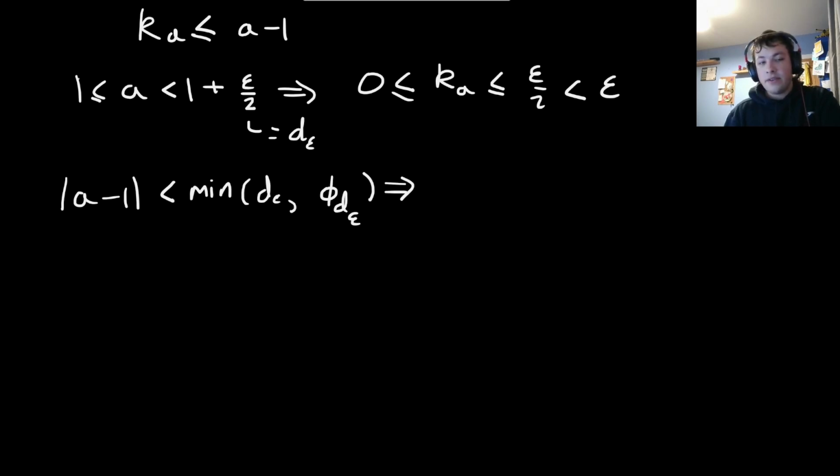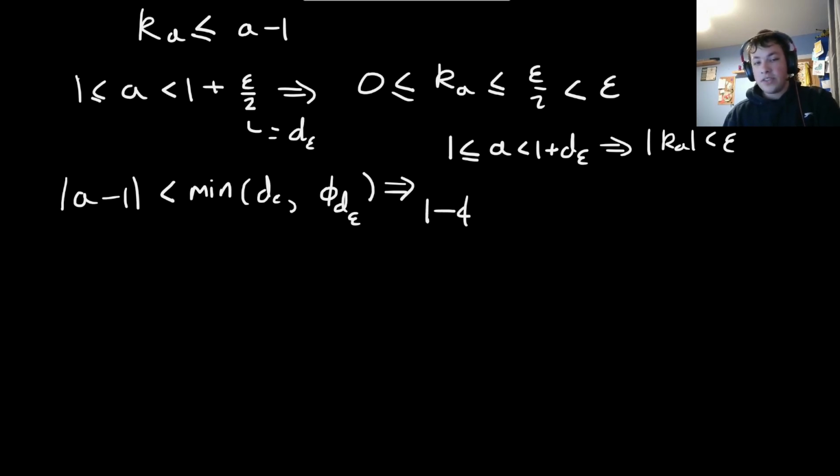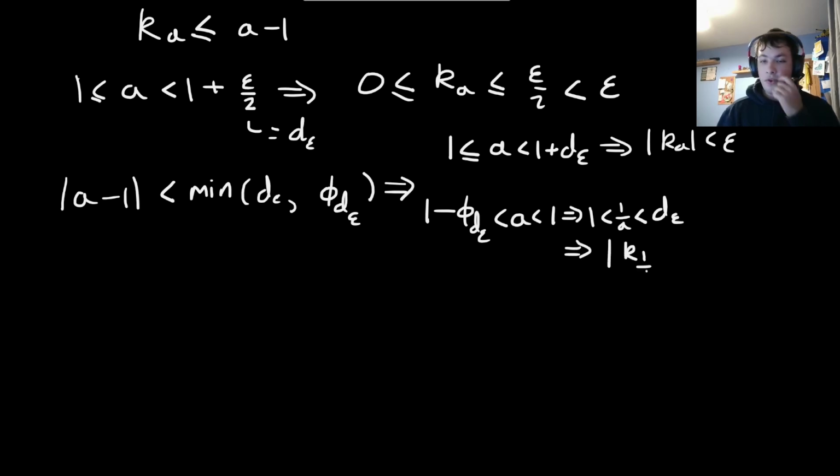Either 1 is less than or equal to a, which is less than 1 plus d epsilon, in which case we already know that mod Ka is less than epsilon. Or 1 minus phi of d epsilon is less than a, which is less than 1, which tells us that 1 over a minus 1 is less than d epsilon, which tells us that mod K of 1 over a, which is mod of Ka because they're related by a minus sign, is less than epsilon. So K is continuous at 1.